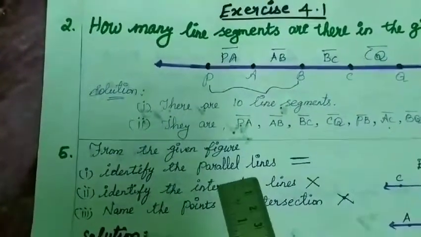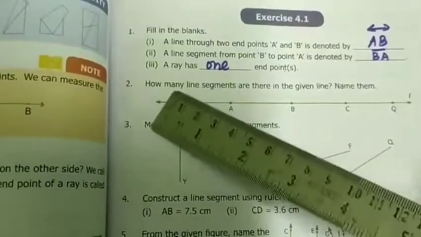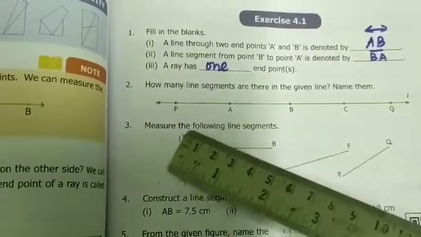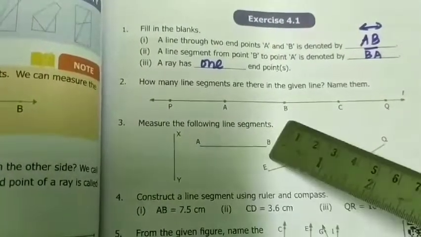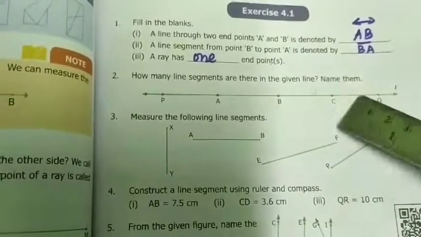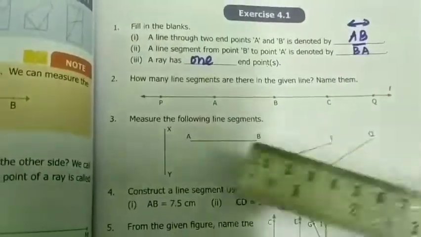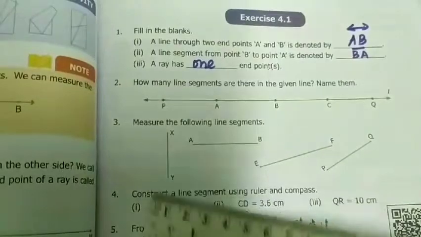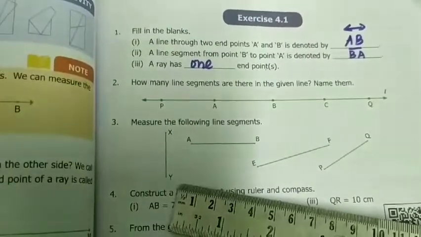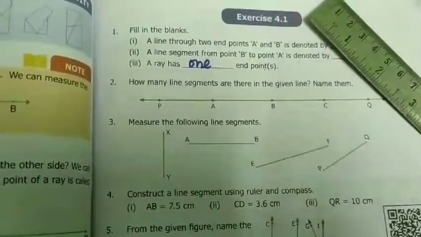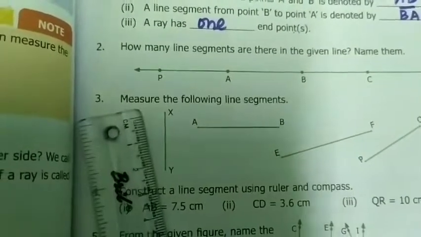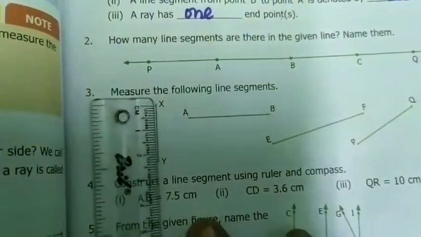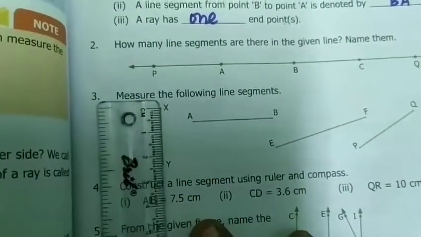Go to the next one. Measure the following line segment. If you have a textbook, you can measure the line by using the scale. For example, take the scale like that and keep the scale at the point.